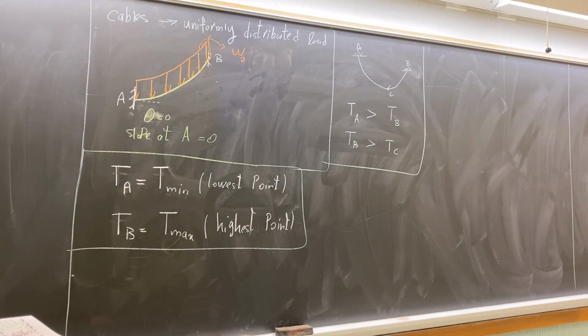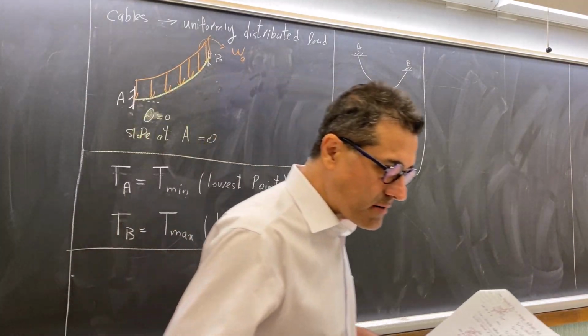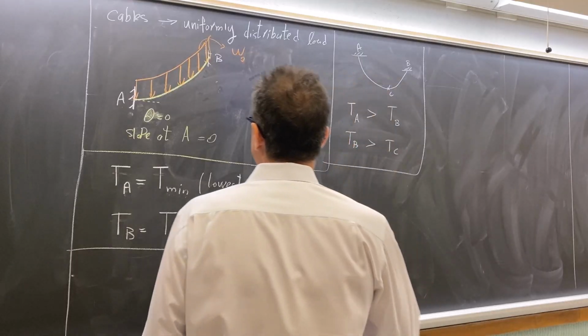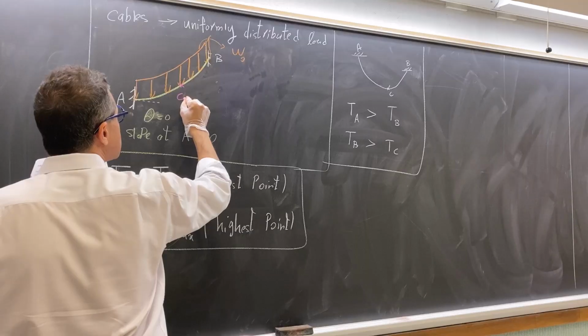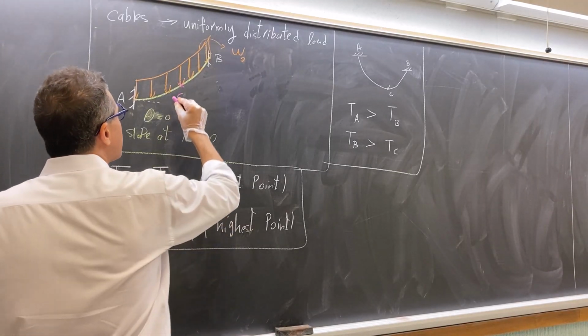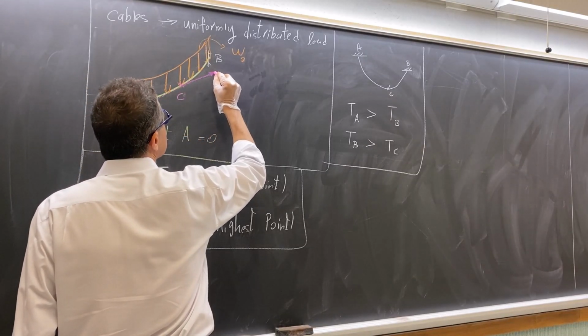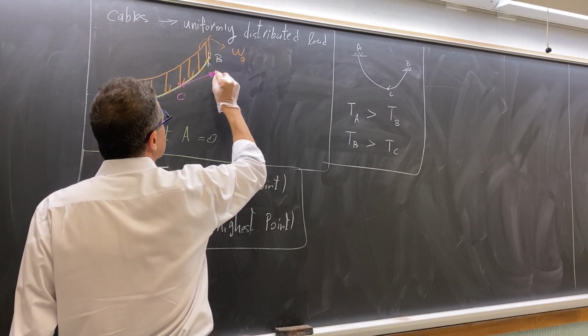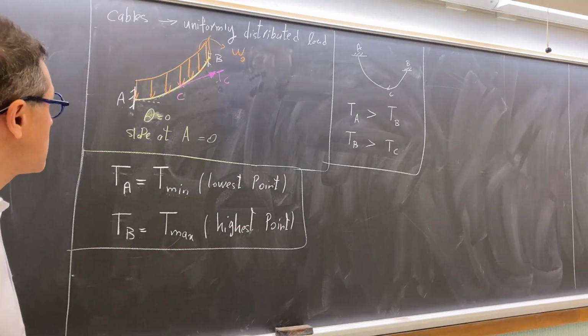Now I'm going to cut this cable somewhere between A and B. If I cut it, there would be a point, for example, point C. Consider point C. The tensile force through the cable at point C is along a tangent line. We already discussed this. It was one of our assumptions. So this is TC. It's a tangent line.